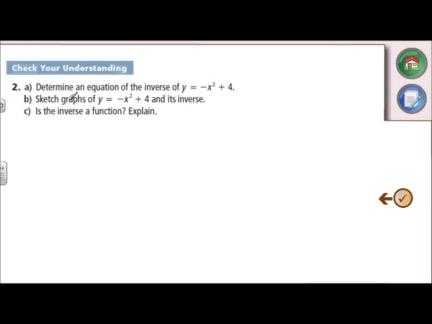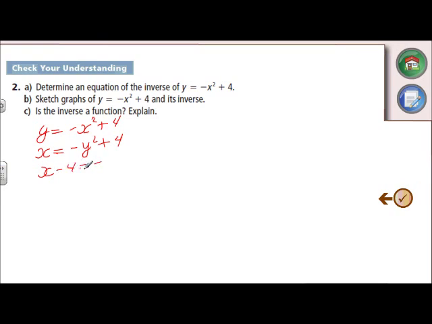All right, let's take finding the inverse equation. Start with your equation. And step number 1, switch your x and your y. X equals -y squared plus 4. Resolve for the y. Subtract 4.